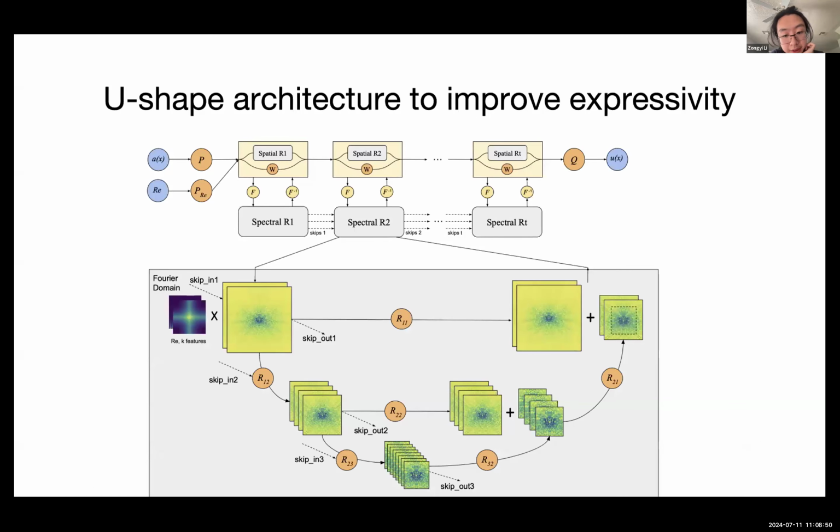Because we still use a smaller number of parameters, we further develop hierarchical U-shaped architectures that have several networks for the full solution operators. On the low level, we have a kernel F that has fewer channels, because we know that high frequency usually contains a smaller amount of information.